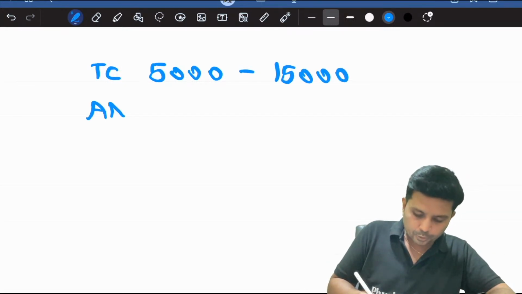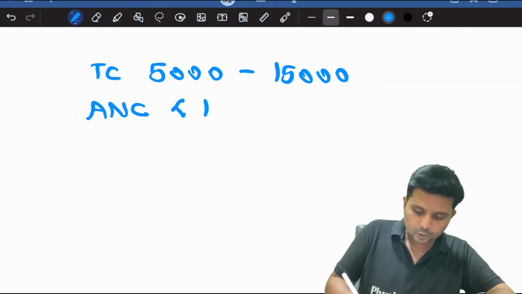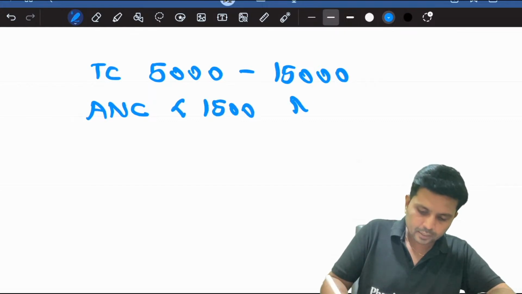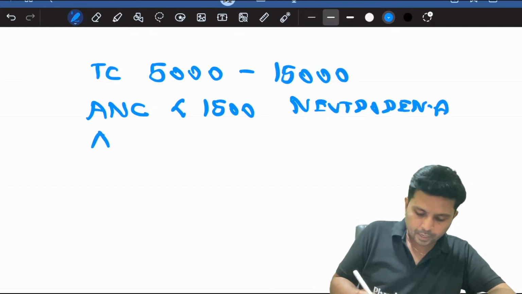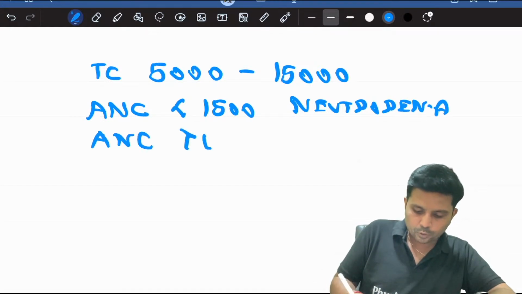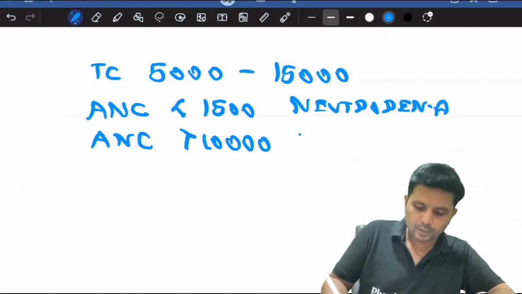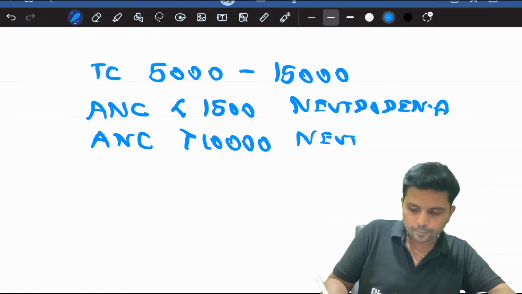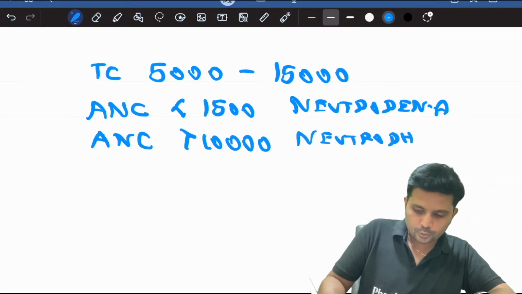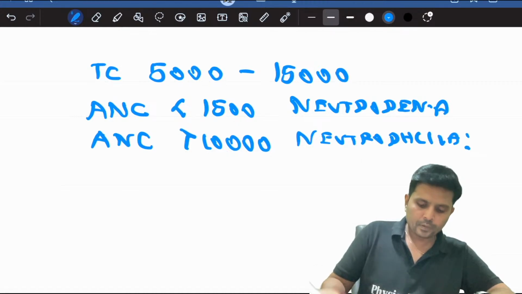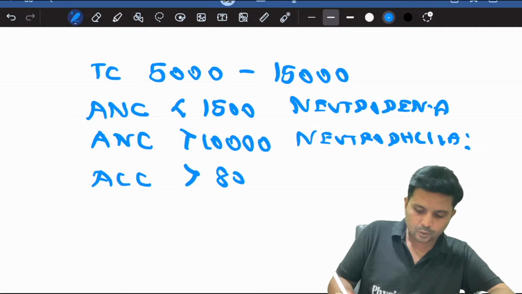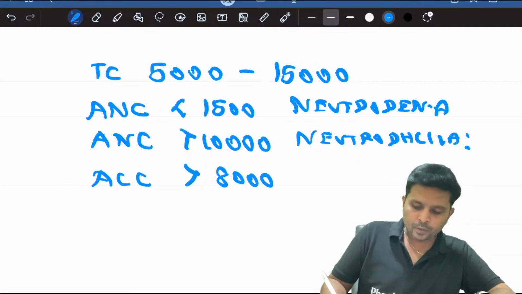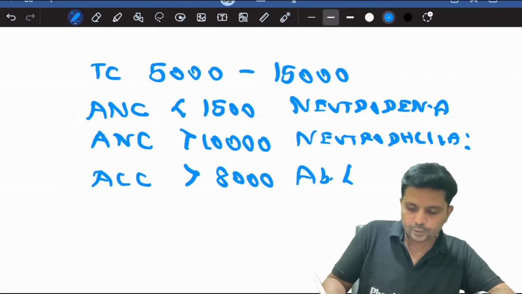An absolute neutrophil count less than 1500 is termed as neutropenia. An absolute neutrophil count more than 10,000 is called as neutrophilia. Whereas an absolute lymphocyte count more than 8,000 is called as absolute lymphocytosis.